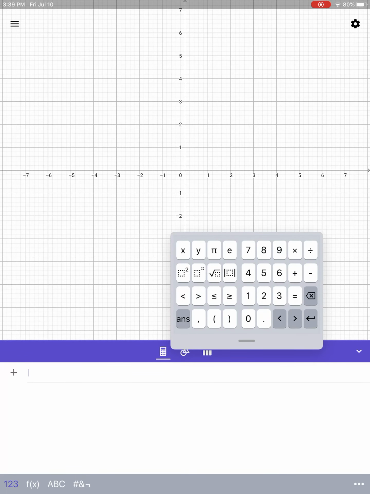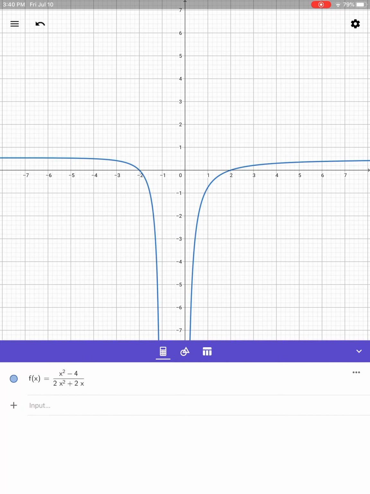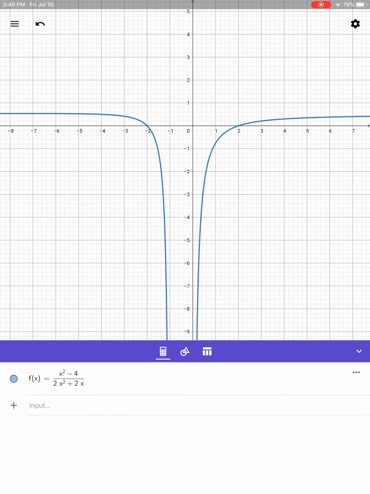So the graph looks like this: x square minus 4, divided by 2x square plus 2x.